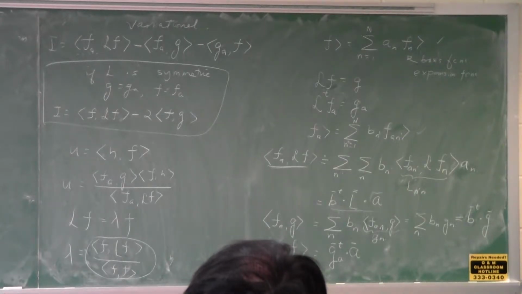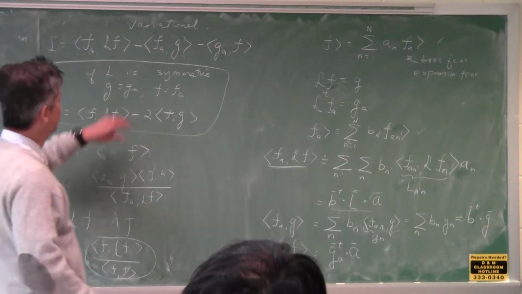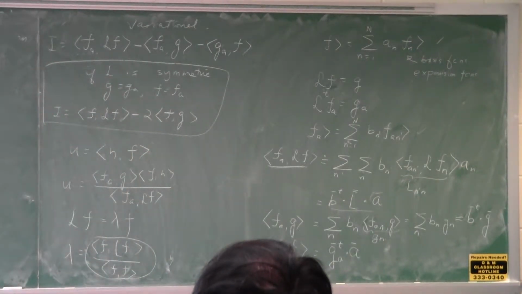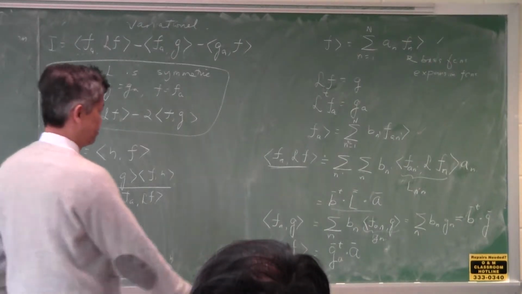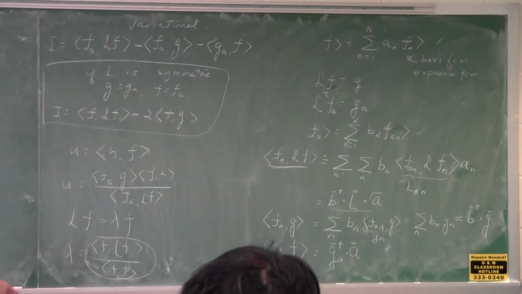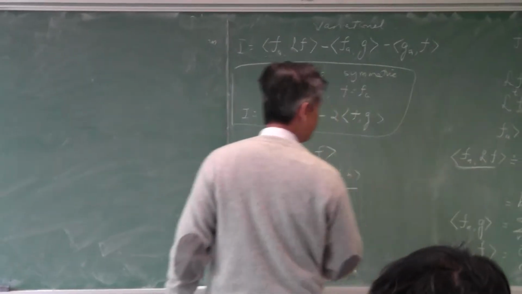So instead of working with this exact variation expression, I can work with this approximate one. It would be just equal to, the first term becomes just this one. The second term just becomes that thing over there.